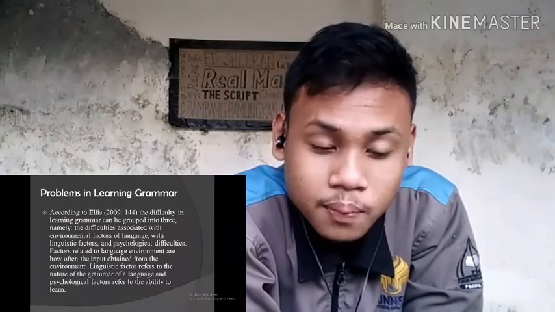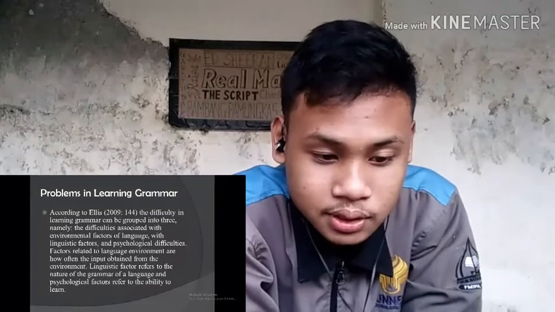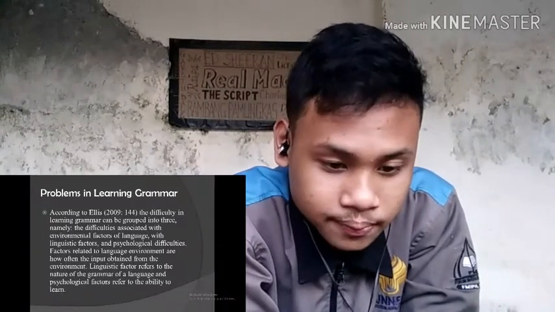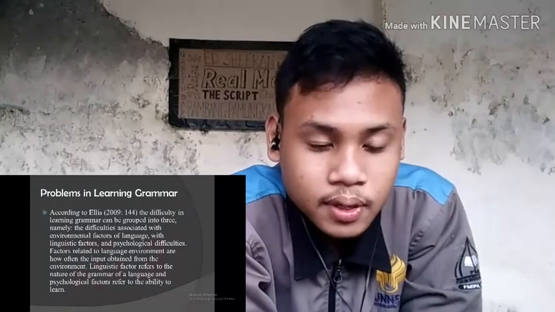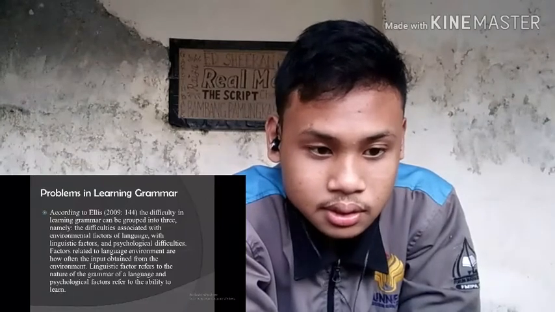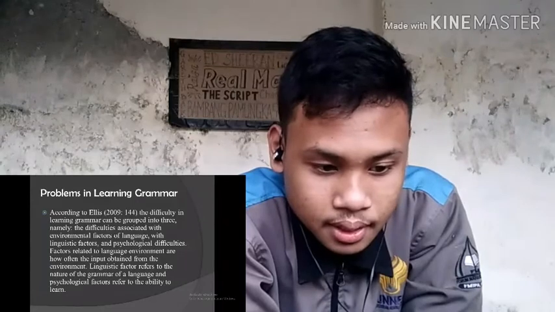Factors related to language environment are how often the input is obtained from the environment. Linguistic factors refer to the nature of the grammar of a language, and psychological factors refer to the ability to learn.